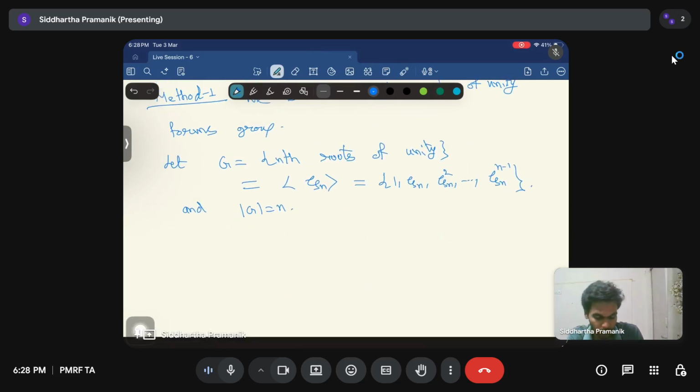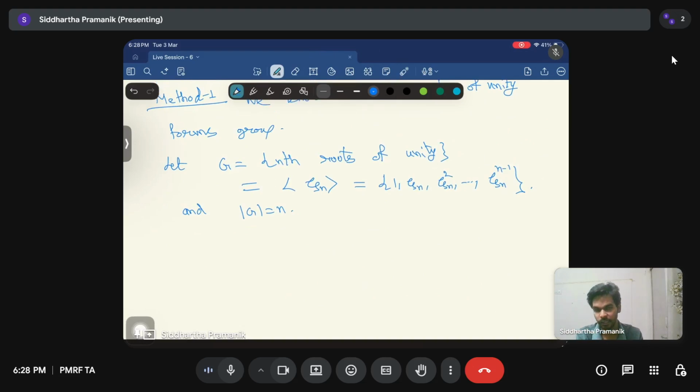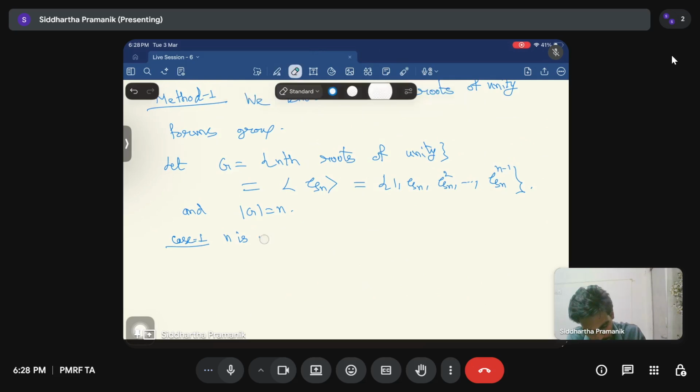Now there will be two cases, n is even and n is odd. So let me write down case 1: n is odd.